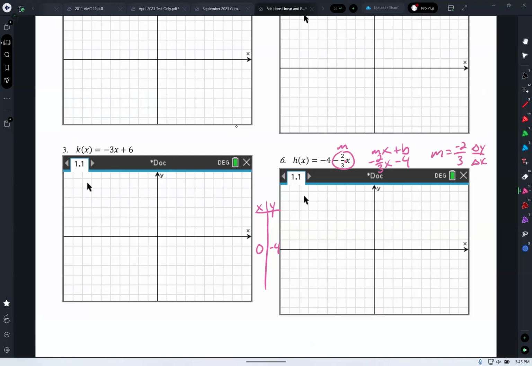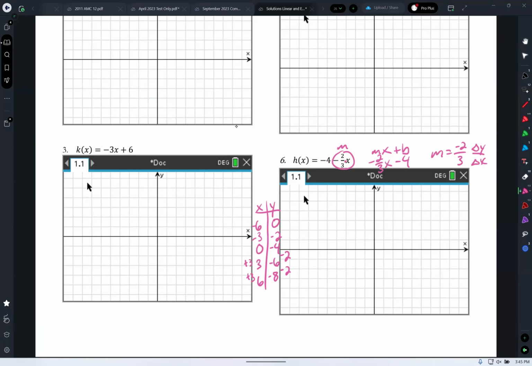And so I'm subtracting 2 from the y, and as I subtract 2 from the y, I'm going to add 3 to the x. And I just have to reverse that if I'm going backwards.